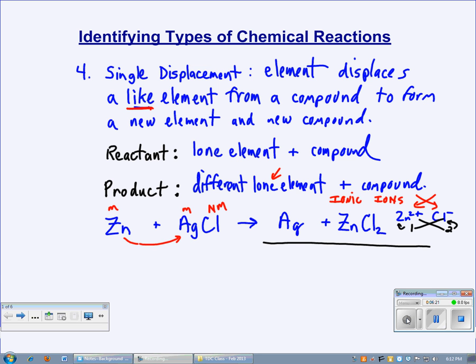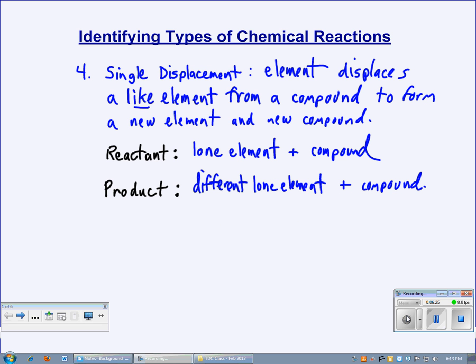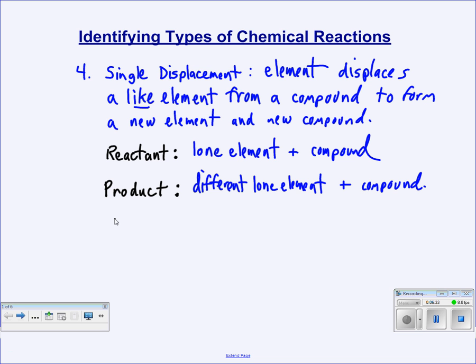Let's look at a second example. Okay, next example, if we took aluminum metal, let's be consistent here, we'll do this in blue, aluminum metal plus copper 2 chloride, the formula for copper 2 chloride, CuCl2.